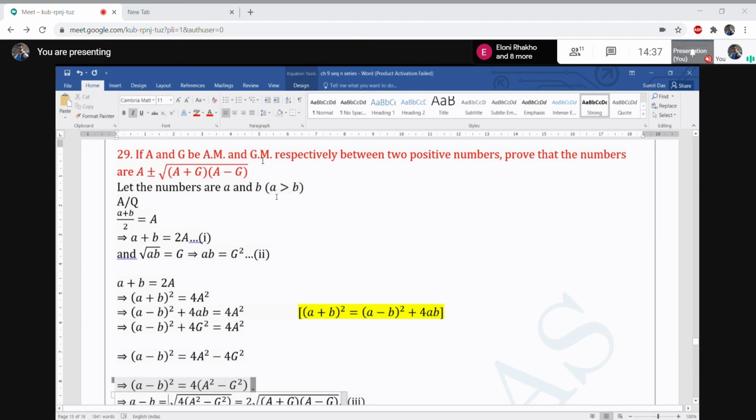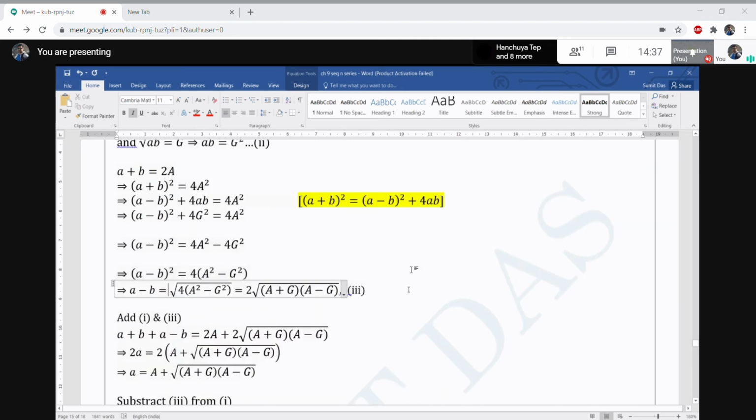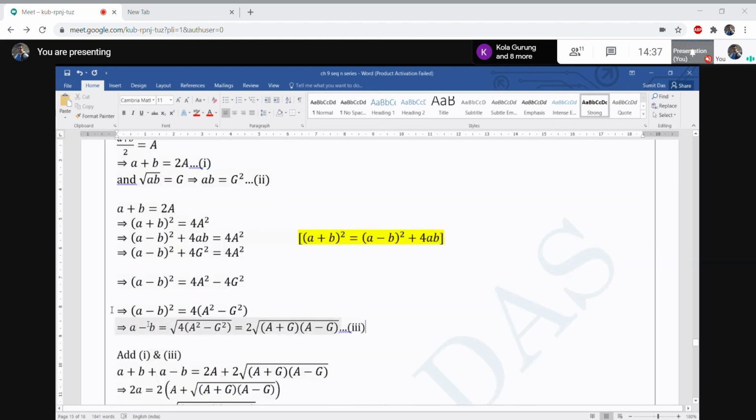Okay, 5 minus 3 always positive, right? Because 5 is greater than 3. So we took a greater than b. For that reason I put here a greater than b, so that a minus b we will take only the positive square root.